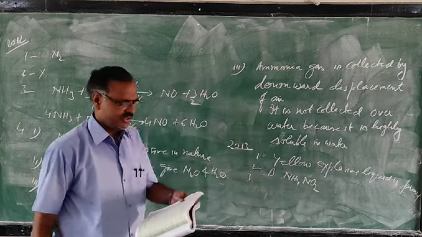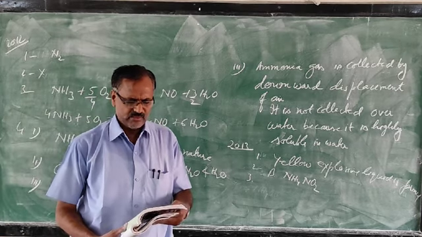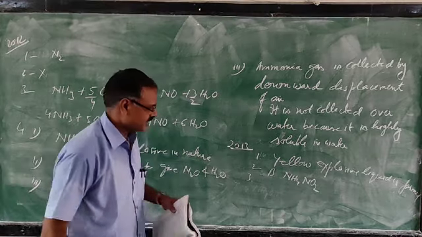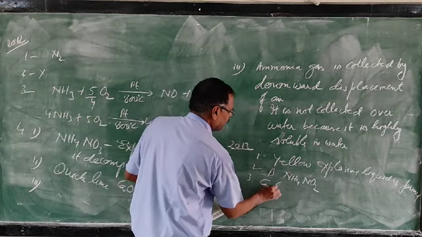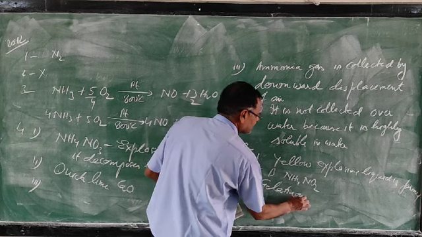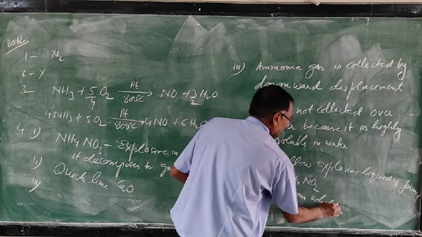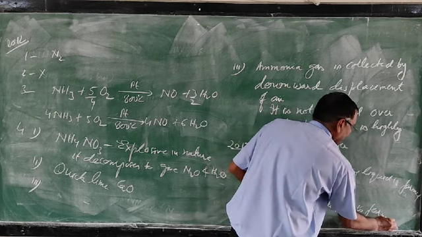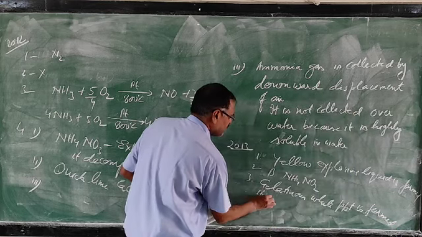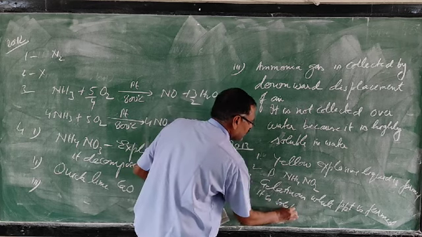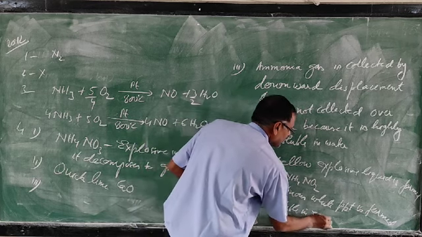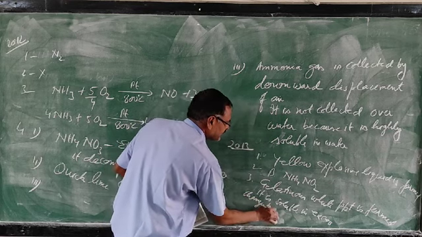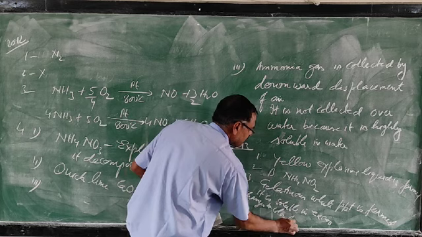Then the third one: state two observations when ammonium hydroxide is added slowly to zinc nitrate solution. A gelatinous white precipitate is formed. It is soluble in excess, and changes to colorless.